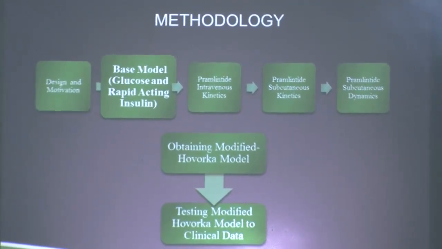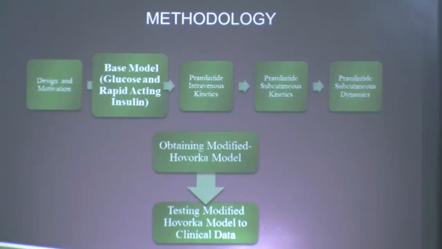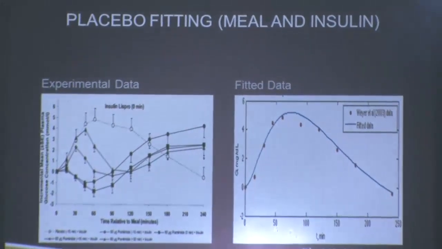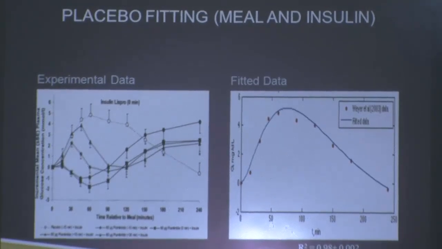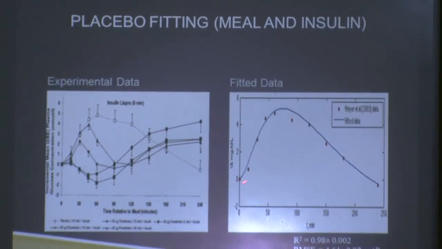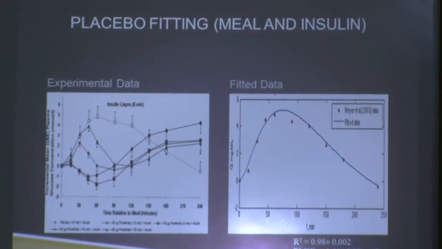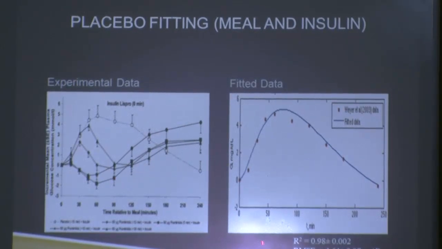After we obtained this model, we tested it against clinical data. This was our fitting using placebo data, just a meal and insulin. And as you can see from the graph, it looks like it fits pretty well. Then we used two measures of goodness of fit, R-squared and root mean square error.